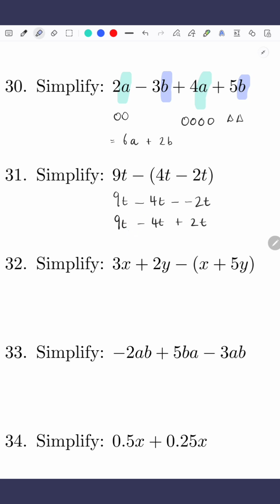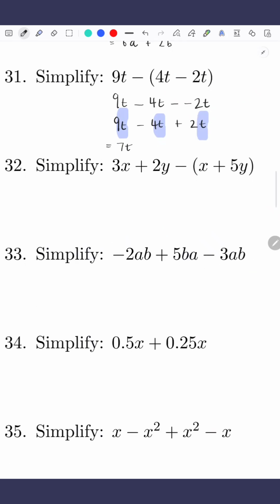Now you know that these are all the like terms because they're t's. So how many do we have? We've got 9, take away 4, which is 5, plus 2, which is 7t. Ta-da!